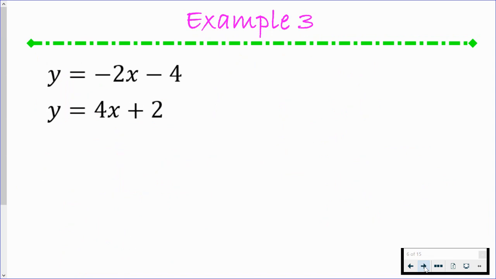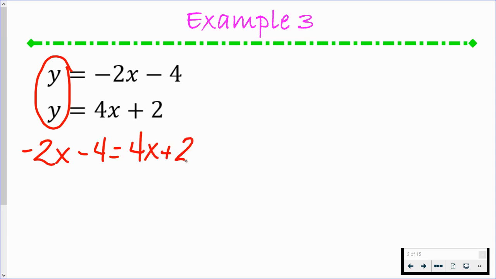Okay, example 3. For example 3, again, they're both y equals. We set them equal. So I'm literally just going to say negative 2x minus 4 equals 4x plus 2. Because again, they're both y equals, we set them equal.